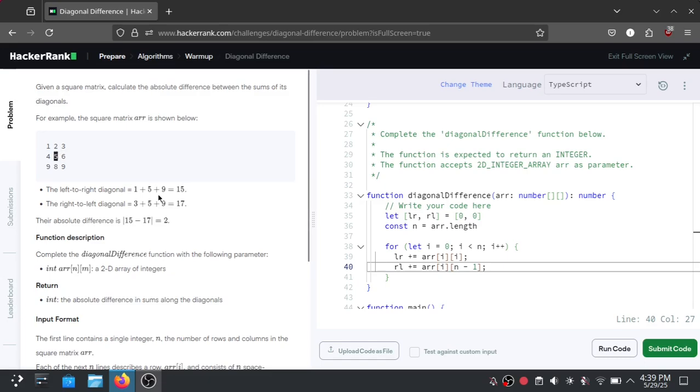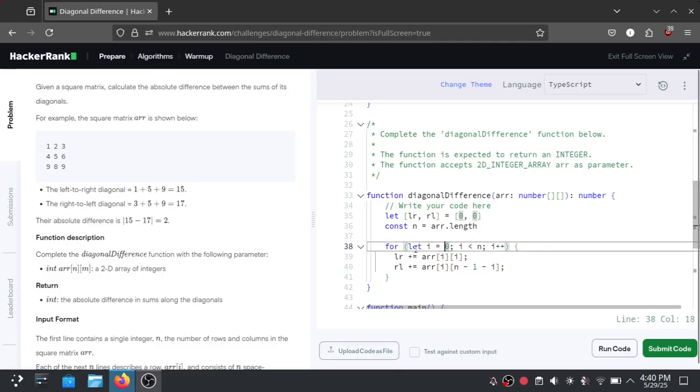If we are using just the n - 1, we will be iterating the 3 and then 6 and then 9. We don't want that to happen as the iteration goes. So we are using the - I, which is the I of the for loop.